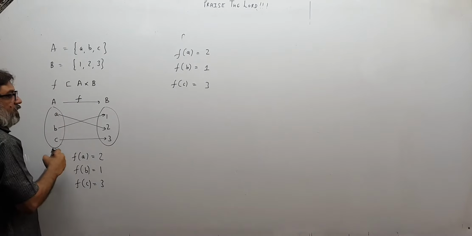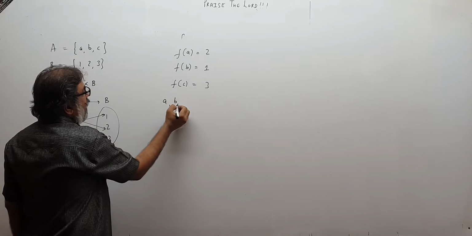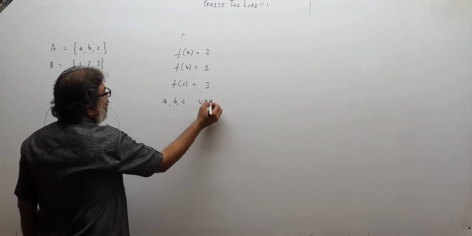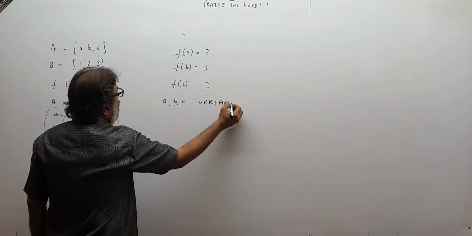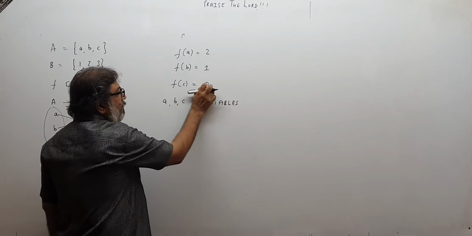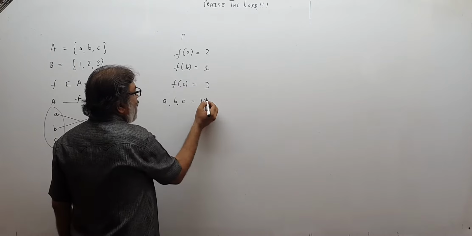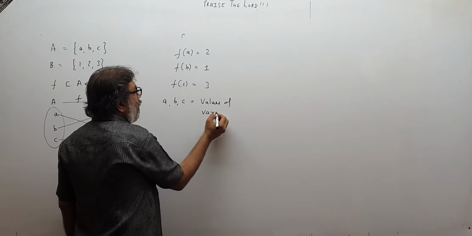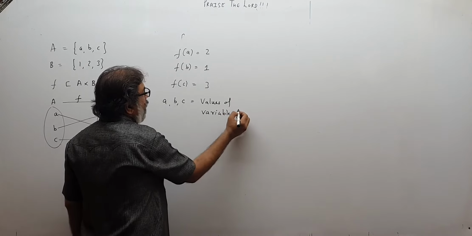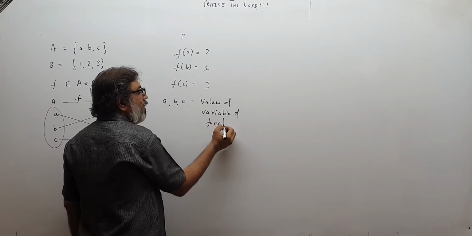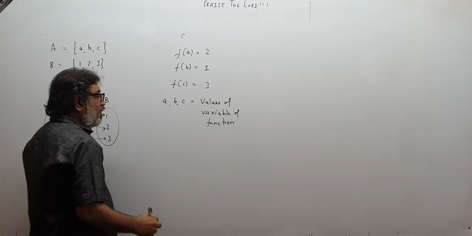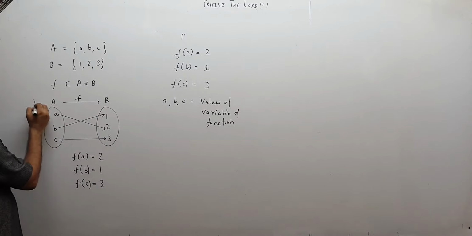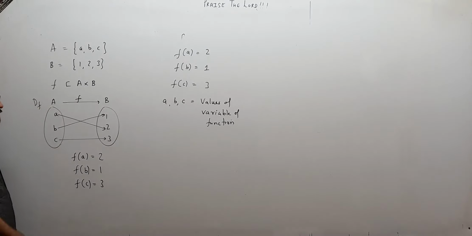These A, B, C are values of the variable of the function. So from this set, from the domain of the function, we get the values of the variable.